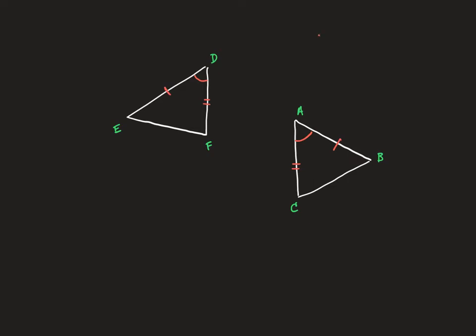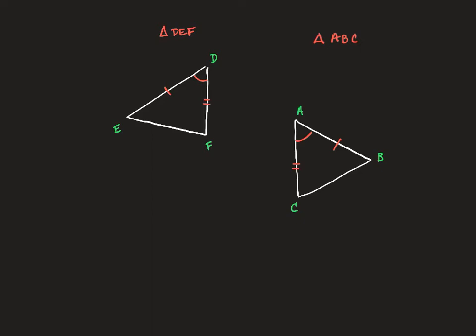So I have triangle ABC and I have triangle DEF, and I'm trying to figure out, are they congruent, and can we prove it? We can prove that the two triangles are congruent by rigid transformation because rigid transformations preserve our angle and side length.